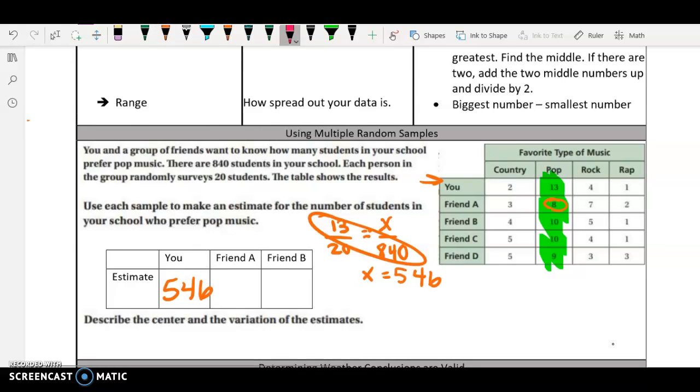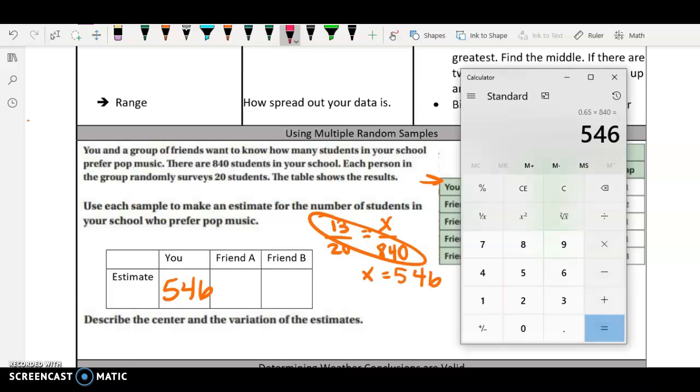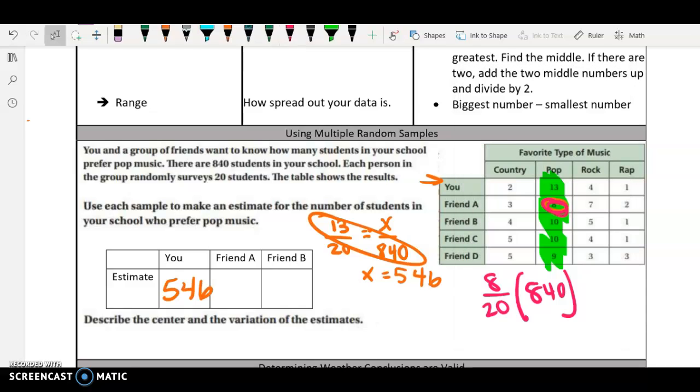So friend A found 8 people that like pop music. So they have 8 over 20 people that they asked times 840, because remember we can do it both ways. So I'm just showing you 2 different ways, and then you can decide which way you like the most and use that. So 8 divided by 20 times 840, and we get 336.